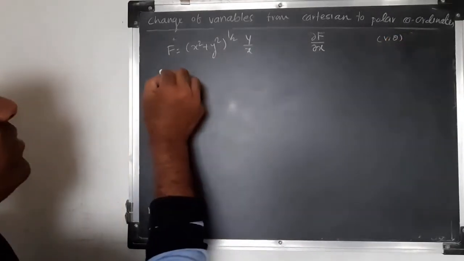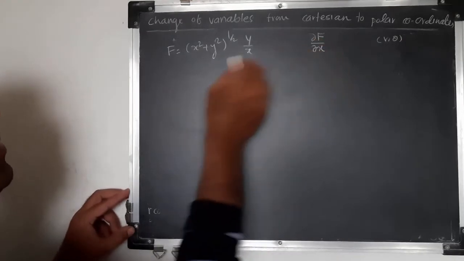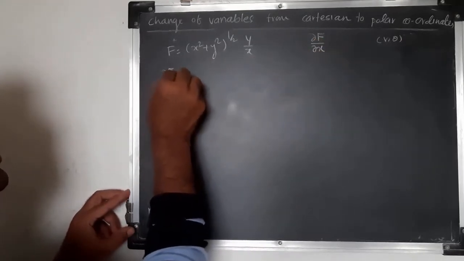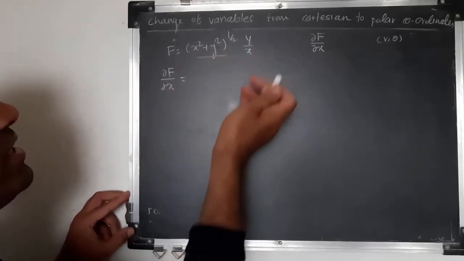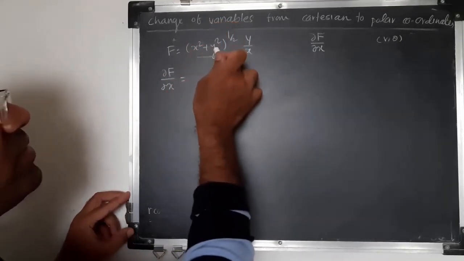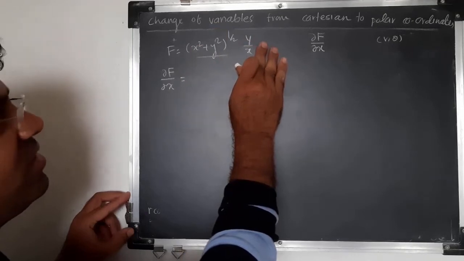The direct method is what I'll do first. Suppose I am to find ∂f/∂x. I will partially differentiate this one first, keeping y constant.